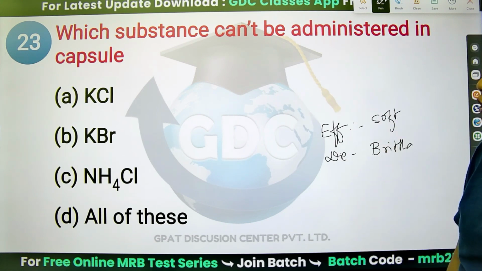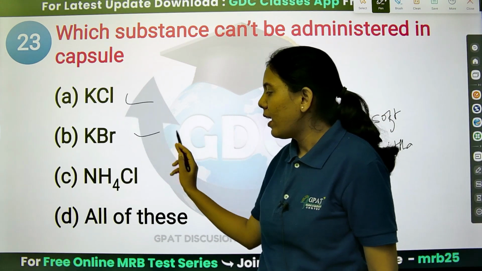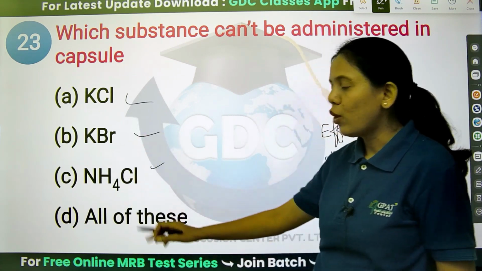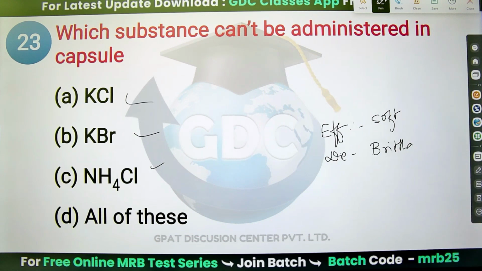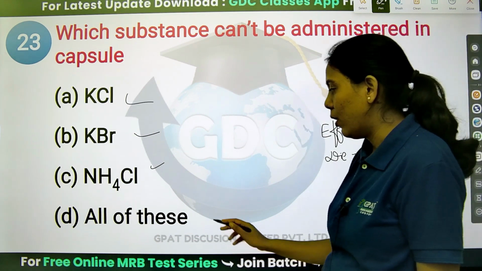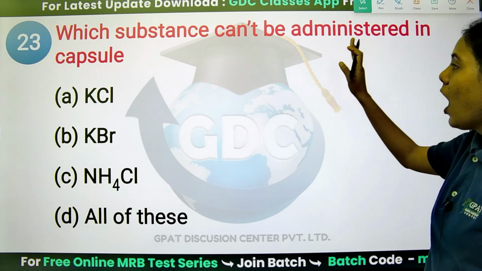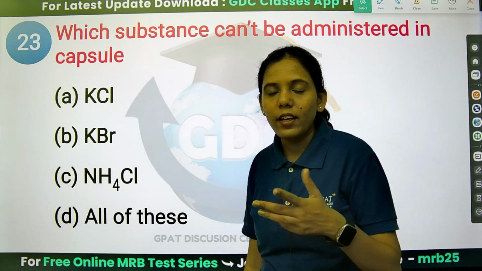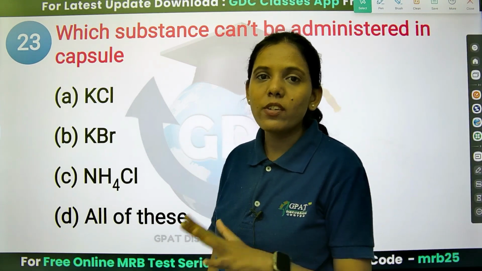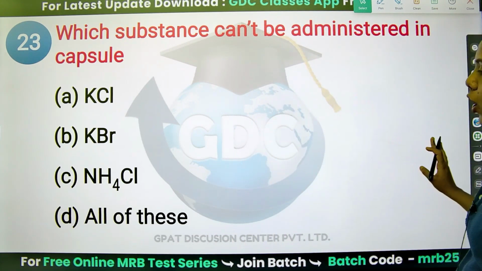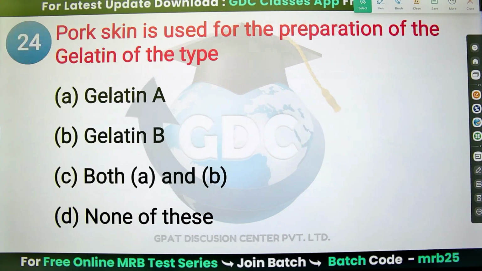So KCl, KBr, NH4Cl, all of them cannot be added, because they are highly soluble and will absorb water from the shell. Along with that, alcohol and aqueous content are not added into the capsule shell because they will dissolve the gelatin. So option D, all of these, is the right answer.